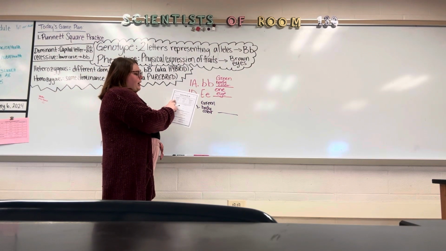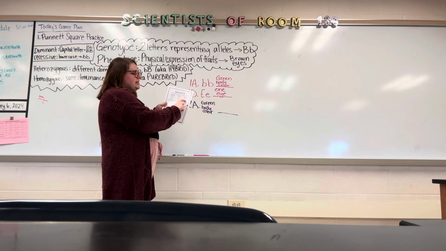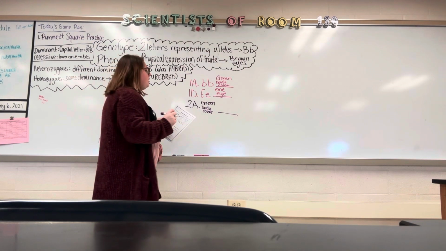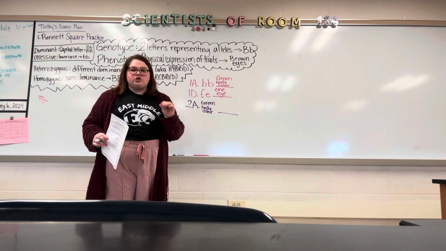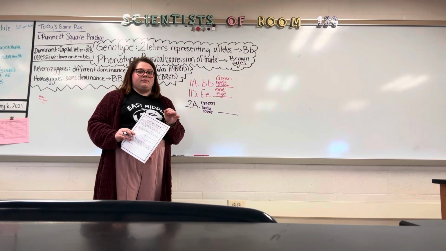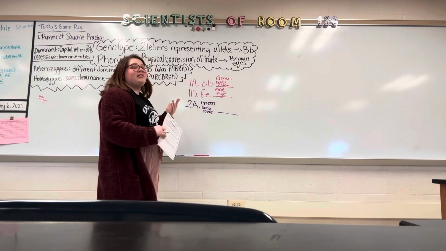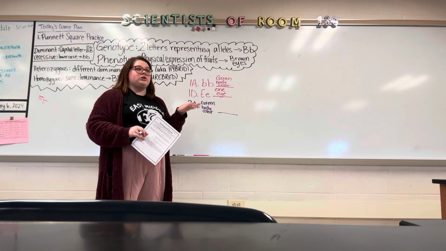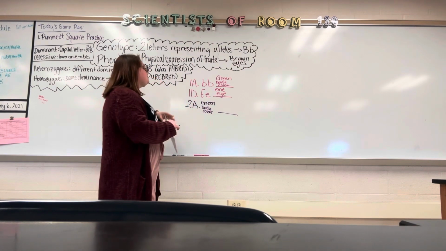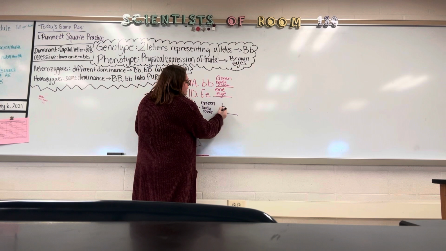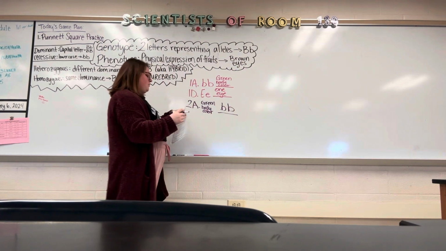If we look at body color on the chart and we go over to where it says green, we see that it's recessive and it's shown with a little b. How many letters do we need for a genotype? 2. I feel like Dora, just asking a question and answering it myself. So we know we're going to have little b, okay?